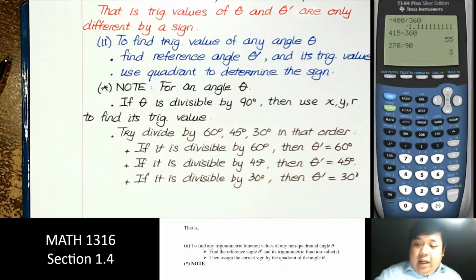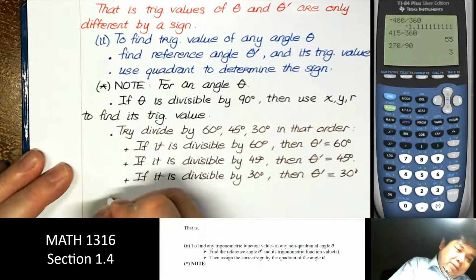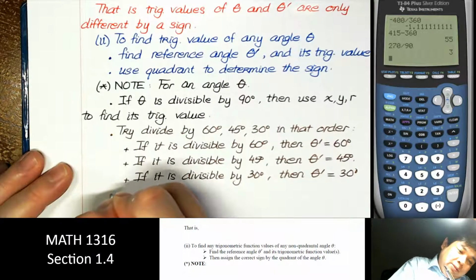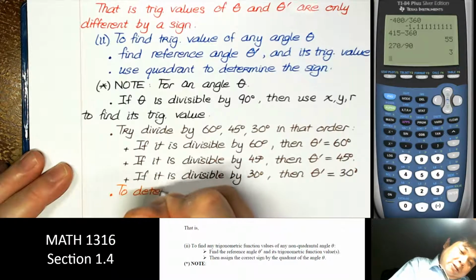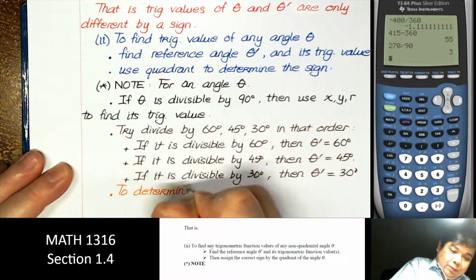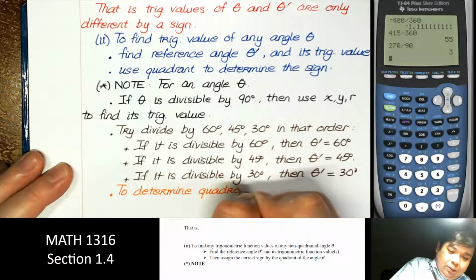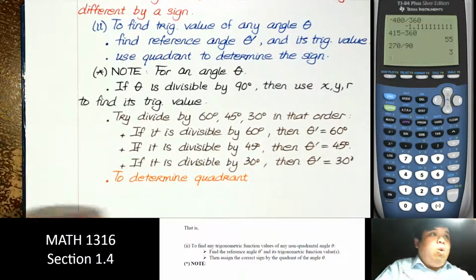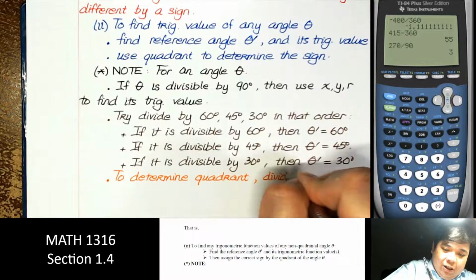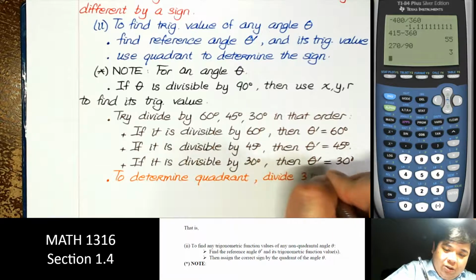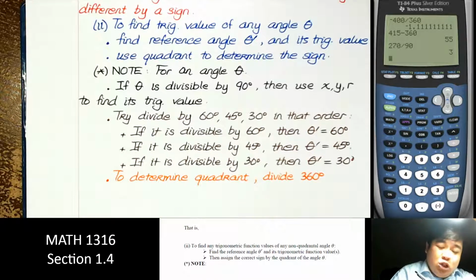Alright, so that first. And next, we determine the quadrant. To determine the quadrant, divide by 360 degrees and take the decimal part.